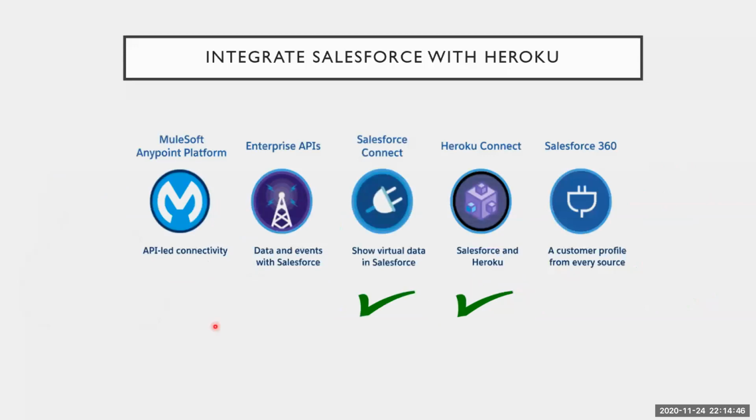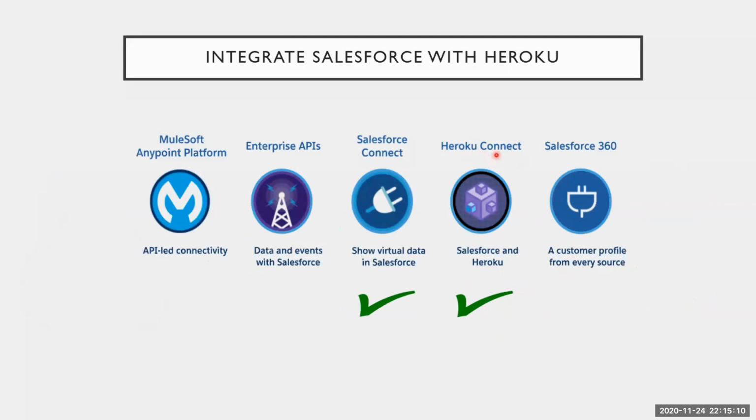We can use Salesforce Connect and we'll use Heroku Connect. Why Heroku Connect? Because Global Containers is already using Heroku Postgres. So it will be very easy to connect with Heroku Connect and bring all the data from Universal Containers to Global Containers.